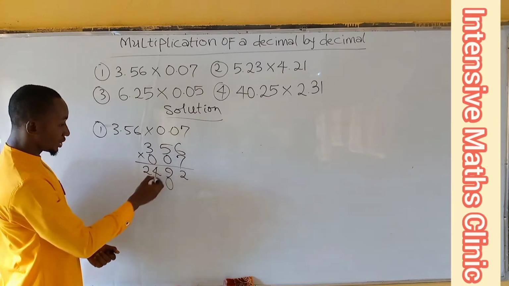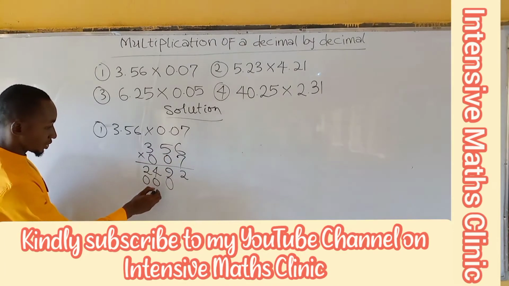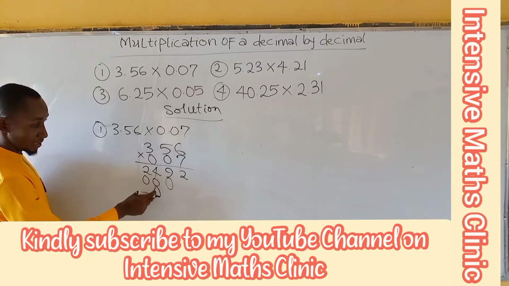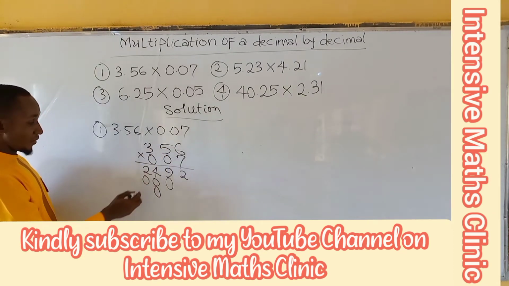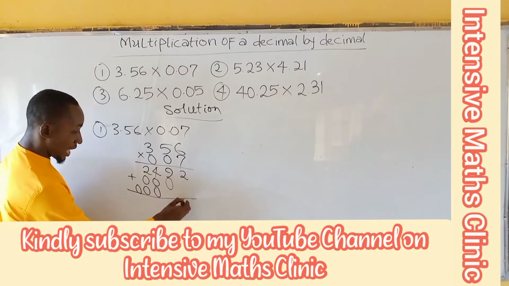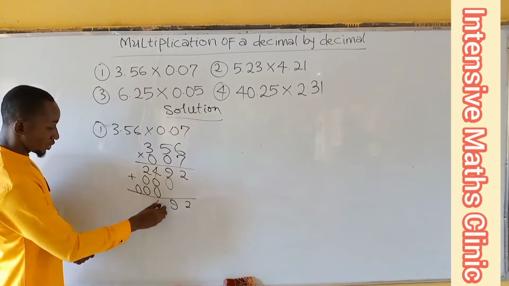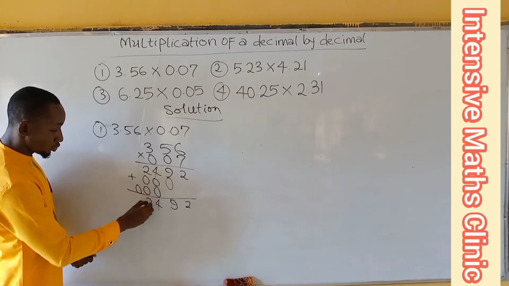This 0 multiplied by 5 is 0. This multiplied by 3 is 0. So we now add this together. We add: this is 2, this is 9, 4 plus 0 is 4, this is 2 and 0.